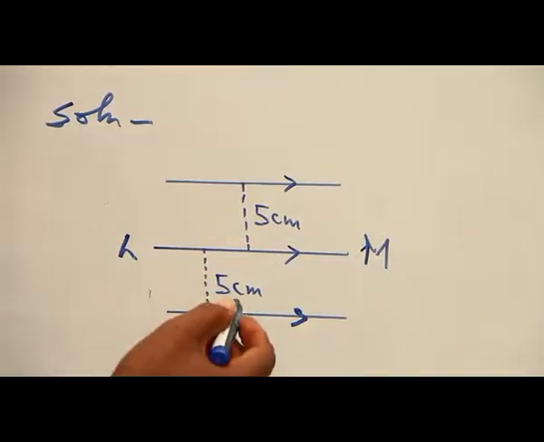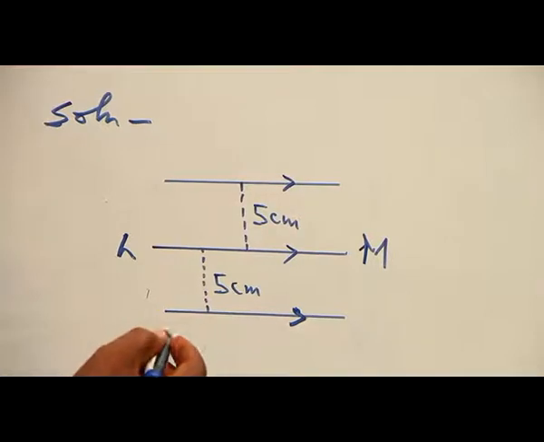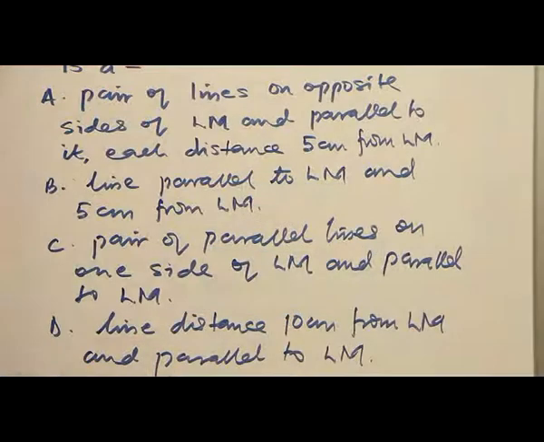So the answer to this question is option A, which says pair of lines on opposite sides of the line LM and parallel to it, each distance 5 centimeters from LM.